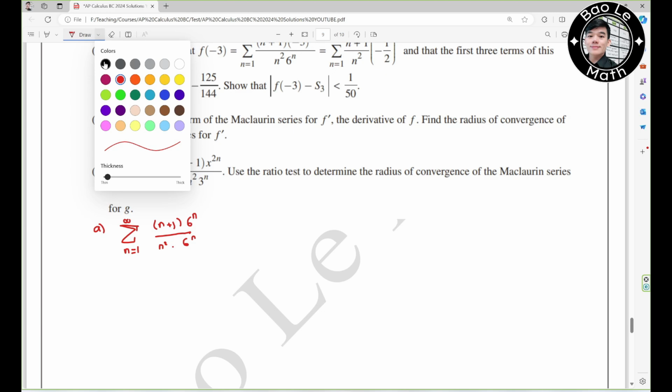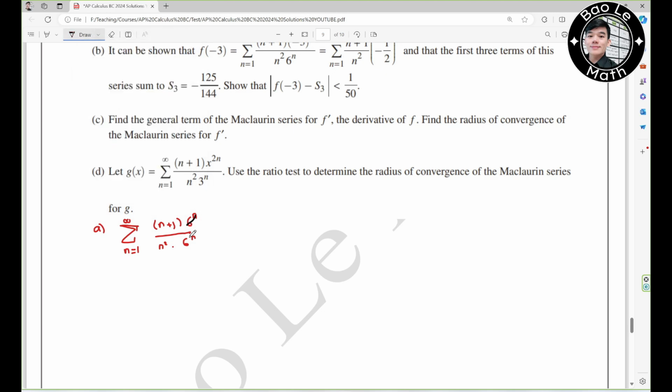Alright, now this guy and this guy cancel out, so we get the sum n goes from 1 to infinity n plus 1 over n squared. Now whenever you see a rational function, alright, 9 out of 10, we're going to use the limit comparison test.